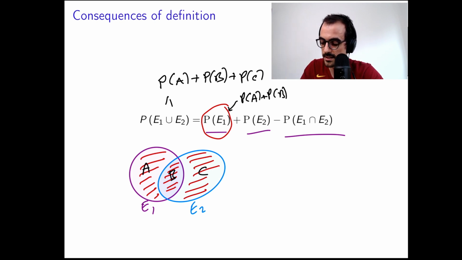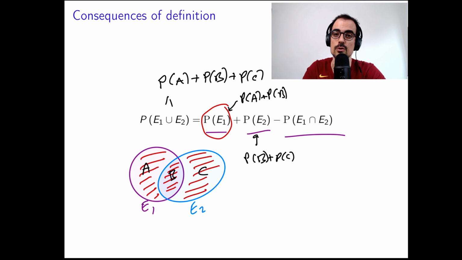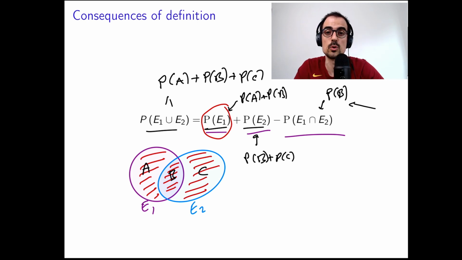And the probability of E2 is equal to the probability of B plus the probability of C. Again, two disjoint events whose union is E2, so that holds. And the probability of the intersection, just by definition, is the probability of B. So here we have the probability of A plus B, and the probability of B plus C. We have to subtract the probability of B for this to hold. Again, that's the mathematical proof, but it's very easy to visualize it if you look at a Venn diagram.